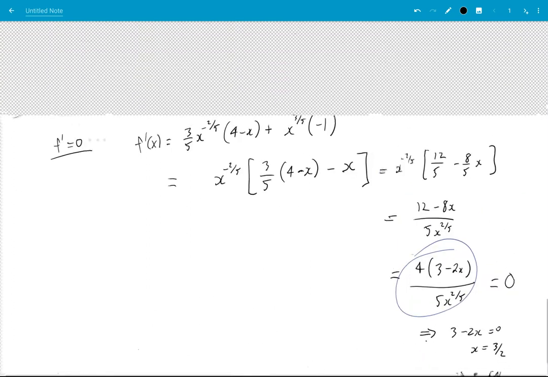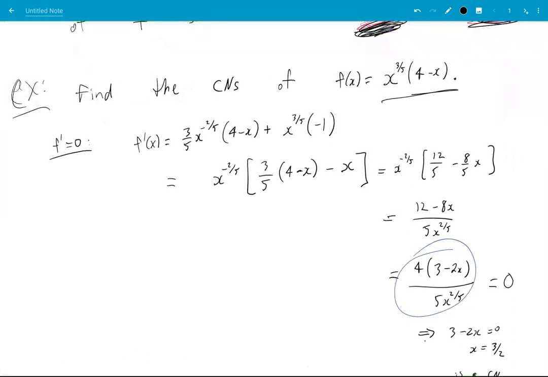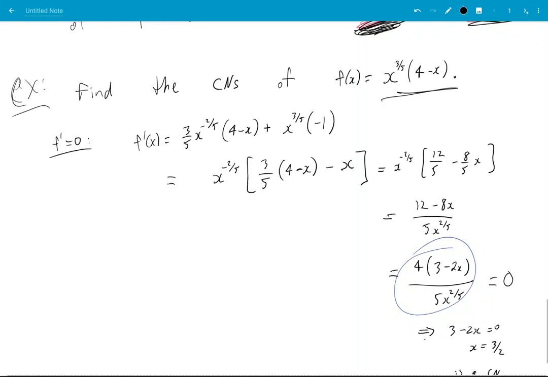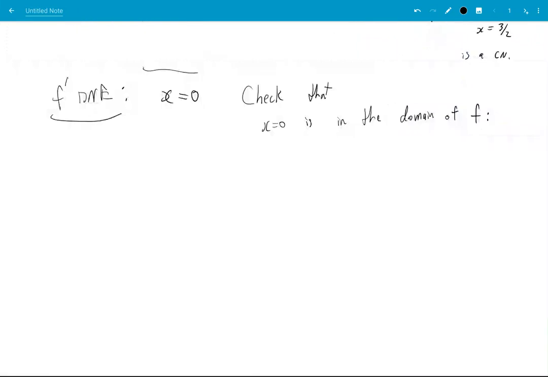I have a gander at f itself up here. Can I plug x equals 0 in there? And the answer is yes, I can. I'll just get 0, no problem. So x equals 0 is a critical number as well.